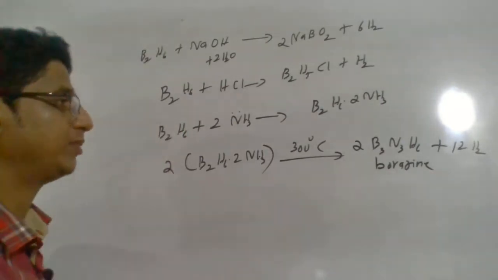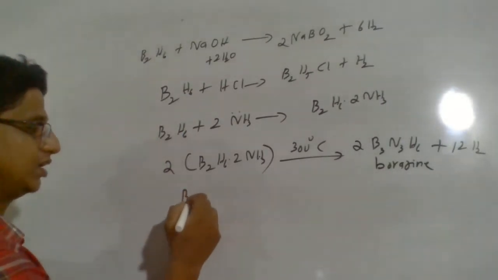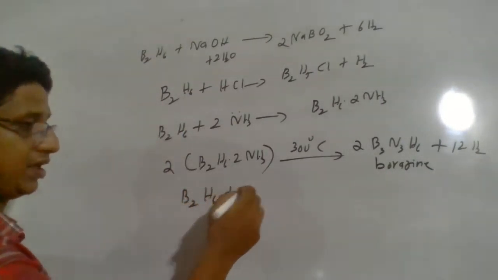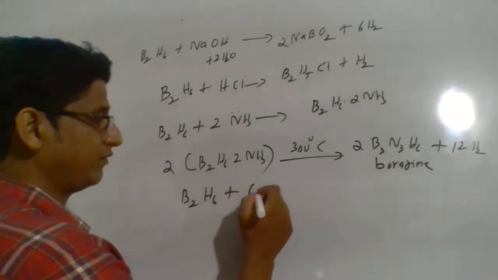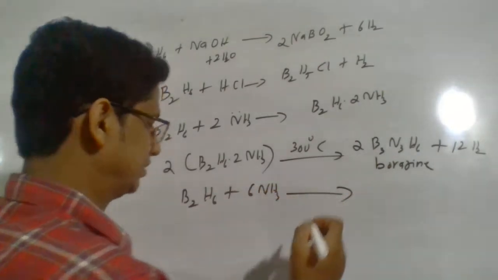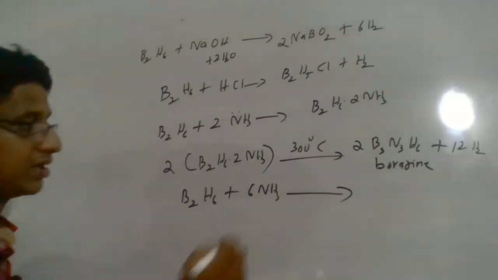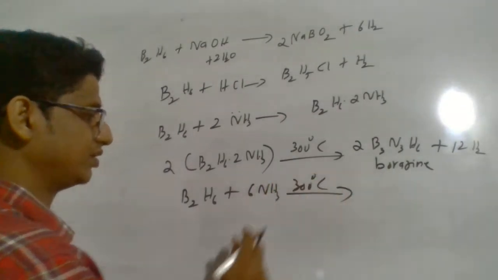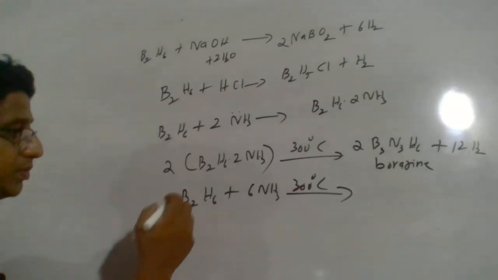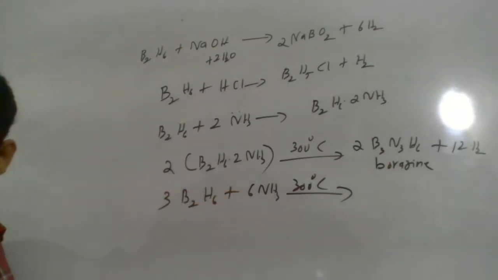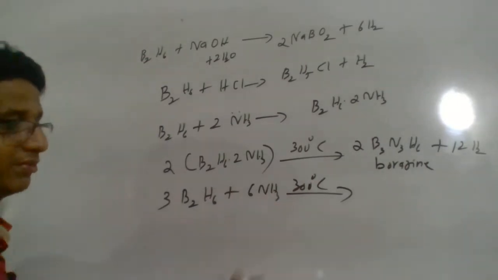Anyway, if you want to prepare borazine directly, you just treat diborane with ammonia at a high temperature. If you directly heat at high temperature, the molar ratio should be higher, 3 is to 6, that is 1 is to 2 again, but at higher temperature.